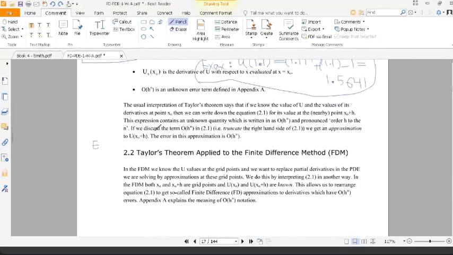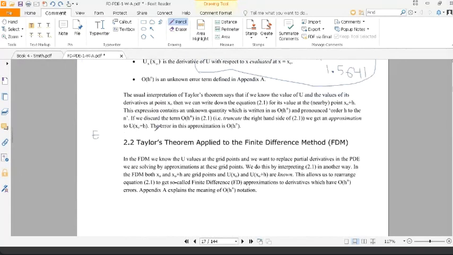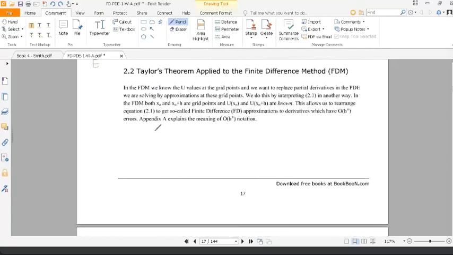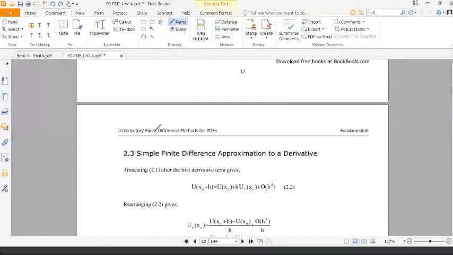The Taylor theorem is used in the finite difference method, and they use some terms of the Taylor theorem to approximate the solution of the derivative.